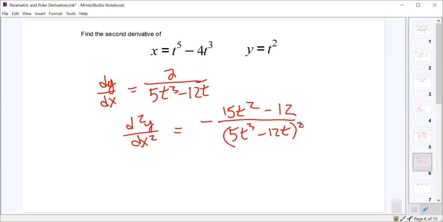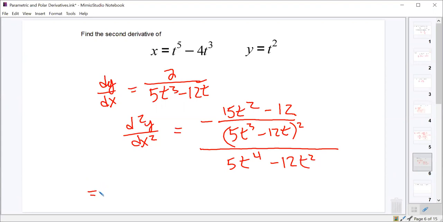Right? That's the derivative with respect to t of dy dt over dx dt. And then we have to divide that by dx dt. And so dx dt is what? It's 5t to the fourth minus 12t squared.